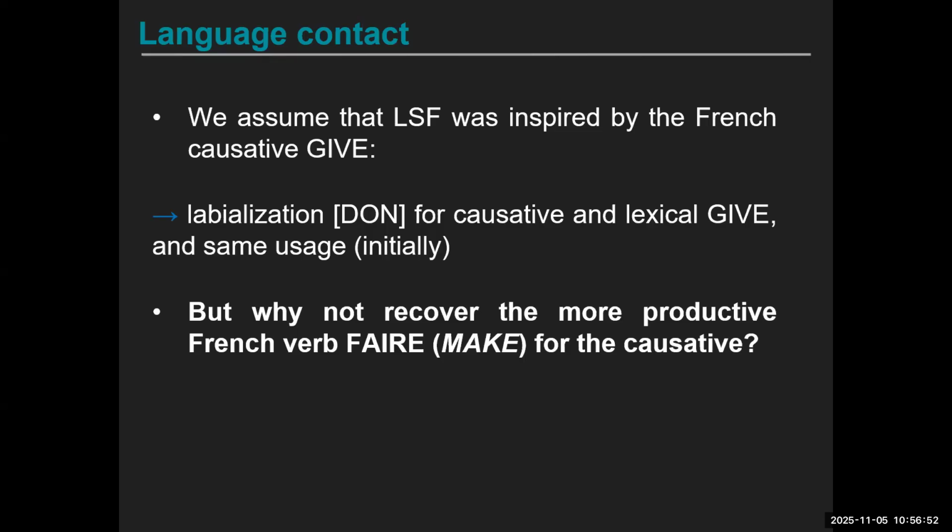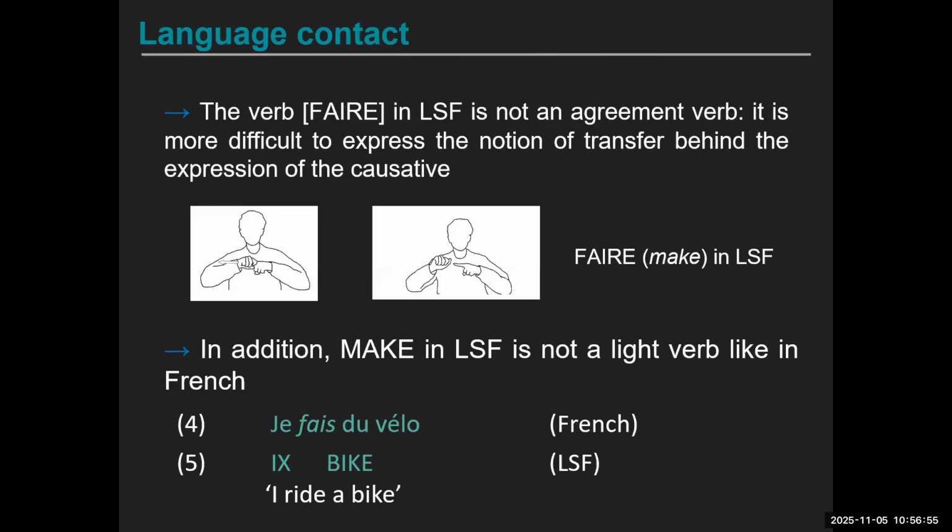We can also see this being produced in English as well. Faire can be directly translated as to make. So this sign, faire, in LSF, could have been used in LSF, but it has not been used in LSF for a causative. It is also not directional in the same way that give is directional.